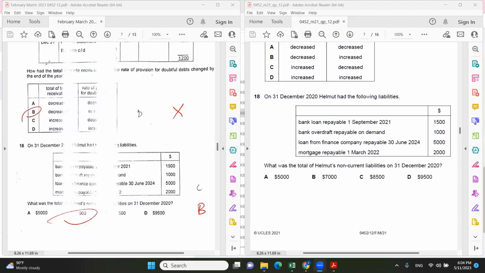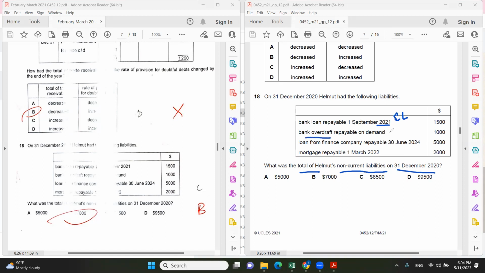Okay, let's continue. On 31st December 2020, Hermit has the following liability. What was the total non-current liability? Bank loan repayable 1st September is less than a year, so it is short term, which is current liability.